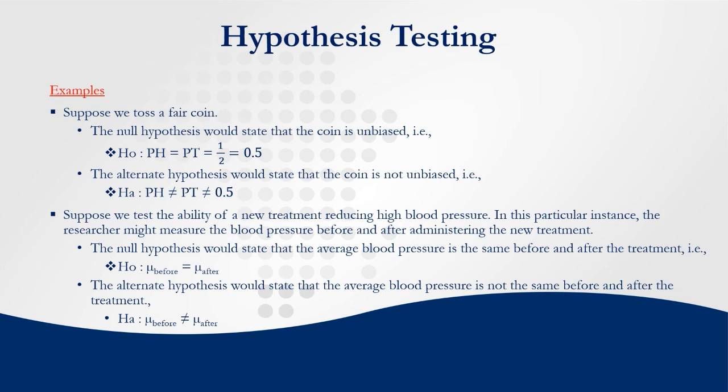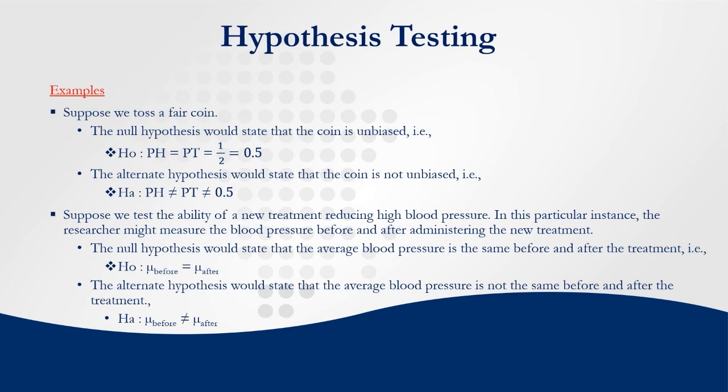So in terms of the null hypothesis, we will say that for the people who have been sampled, in the population, the blood pressure before and the blood pressure after is the same, meaning that this new treatment does not really have a significant effect.